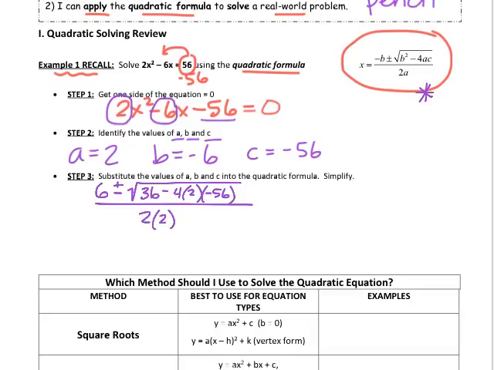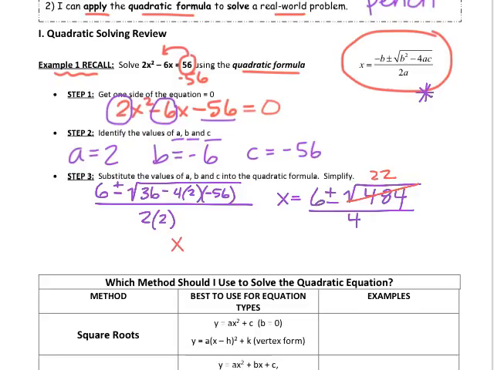If I simplify that, I'm going to end up with x equals 6 plus or minus the square root of 484 after you get done with all that condensing under the radical symbol, and that's going to be over 4. Now the square root of 484 is 22.